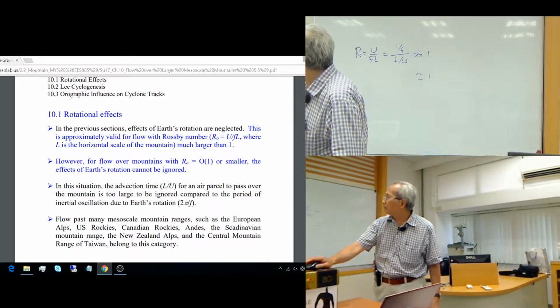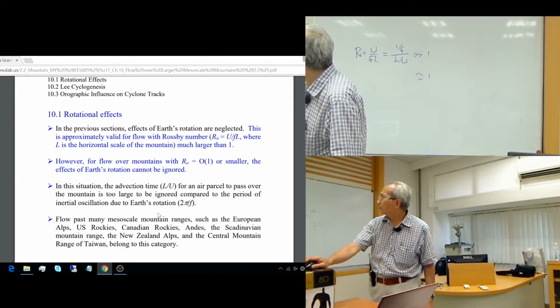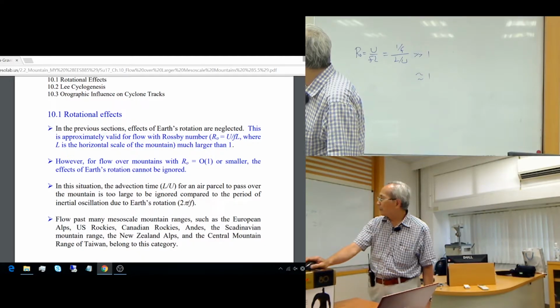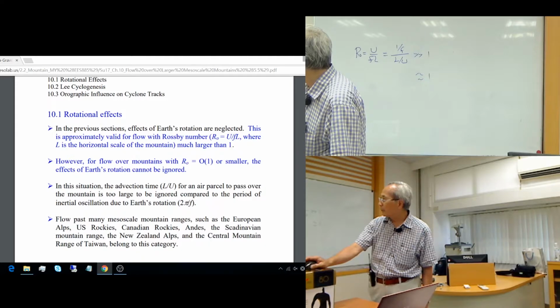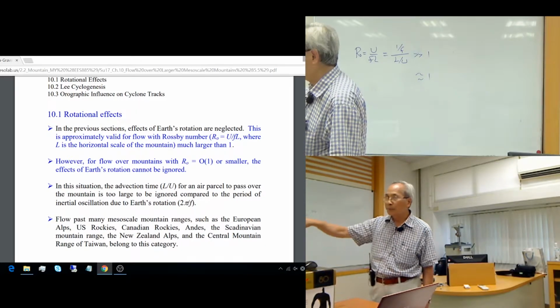For flow past many mesoscale mountain ranges, such as the European Alps, US Rockies, Canadian Rockies, Andes, Scandinavian mountain range, the New Zealand Alps, and the Central Mountain Range of Taiwan, they all belong to this category.